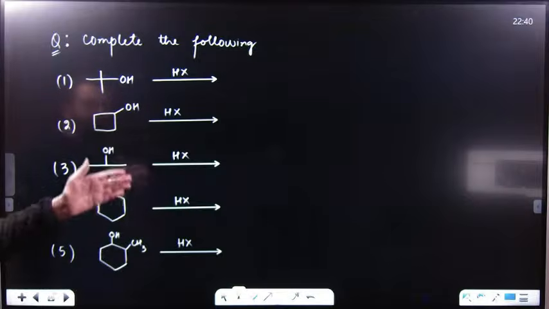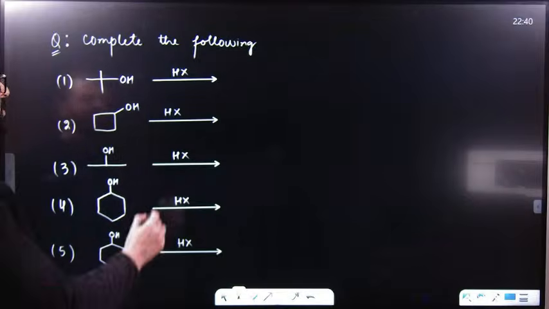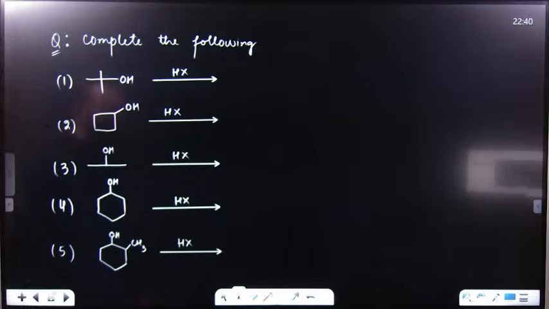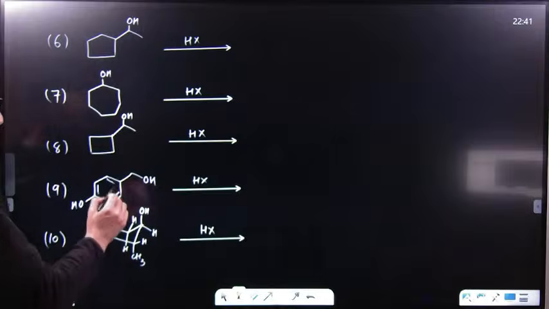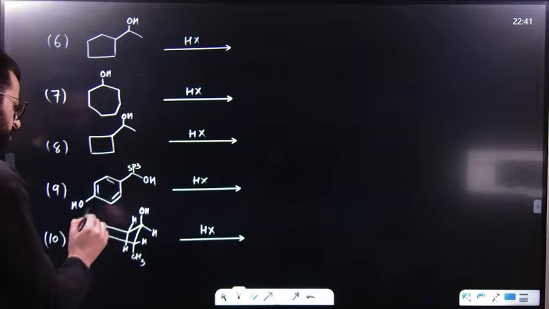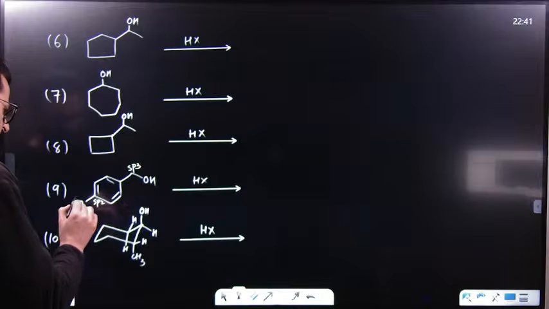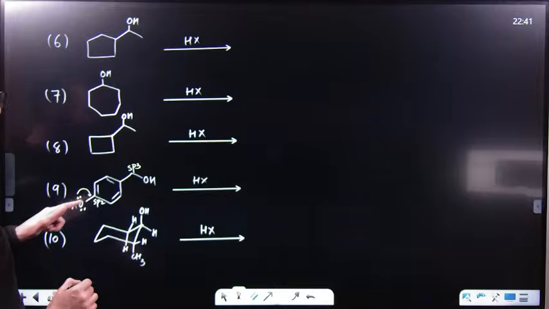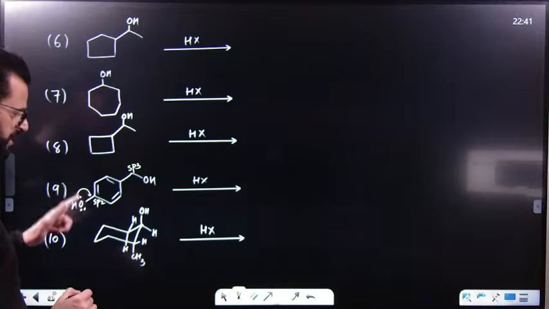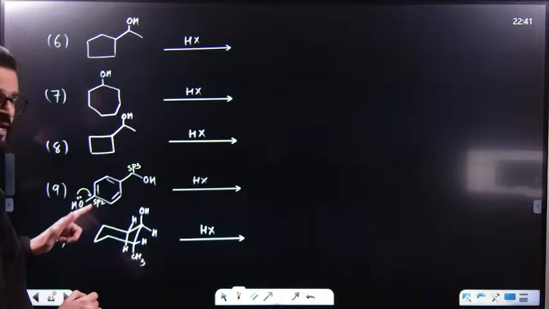Say for example, you have a few examples over here. These reactions are SN1 reactions, and you will first form a carbocation, then rearrange those carbocations if rearrangement is possible, and finally attach X- to that carbocation. Your product will be formed after that. But let me show you this reaction. This OH is attached to sp3, but this OH is attached to sp2. That means this C-OH bond will show a partial double bond character, so it is much stronger and very difficult to cleave.